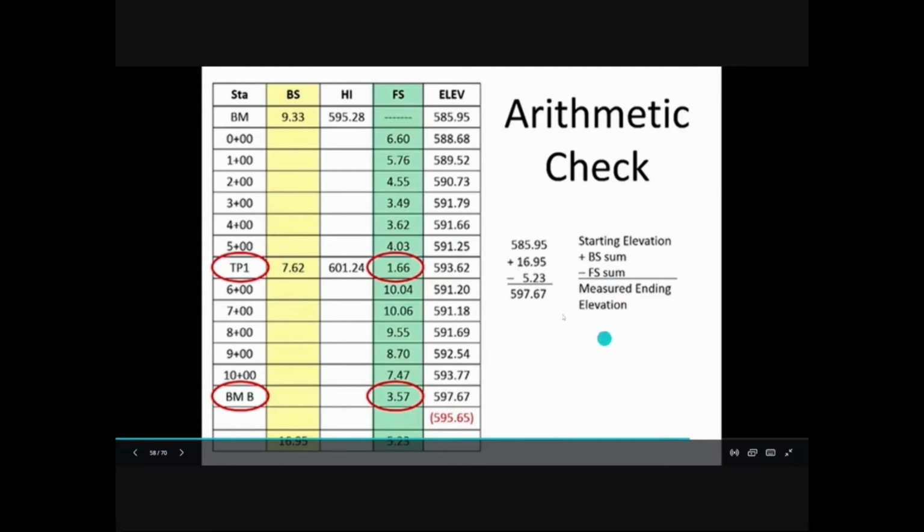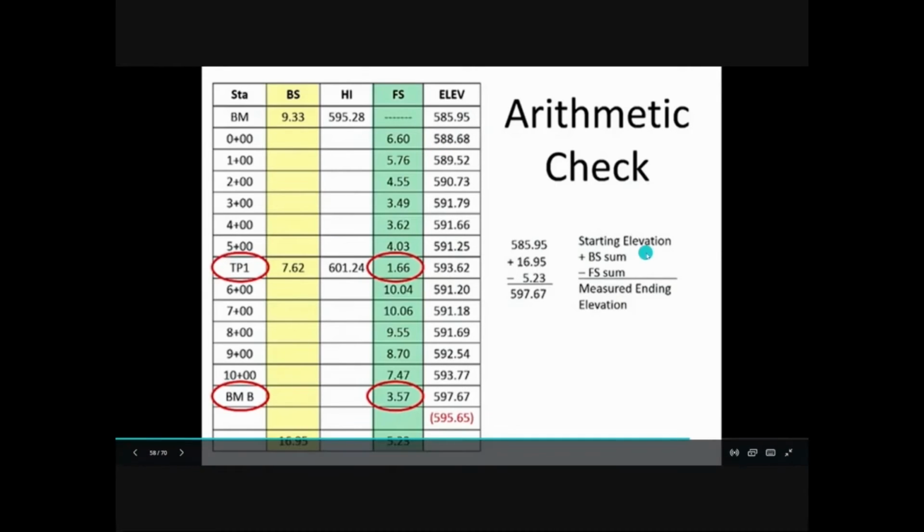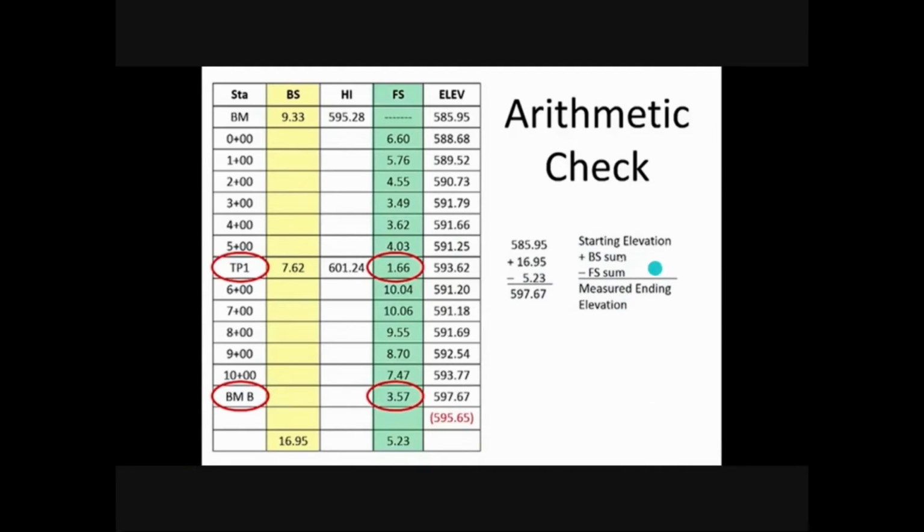So to do the arithmetic check, the starting elevation plus the backside sum and minus the foresight sum, and we will get the measured ending elevation.